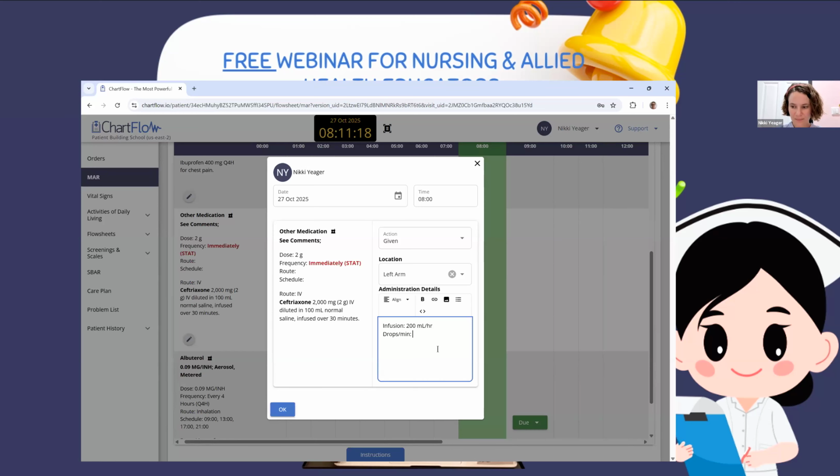Now that we know how many drops in total, we need to divide it by the amount of minutes. In total, we are going to end up with 50 GTT per minute. So this is important because it's the same thing. We need to incorporate all levels of the nursing or medication administration process when they're doing med math.